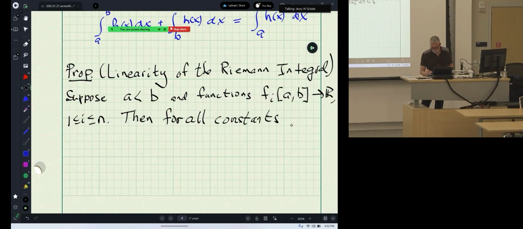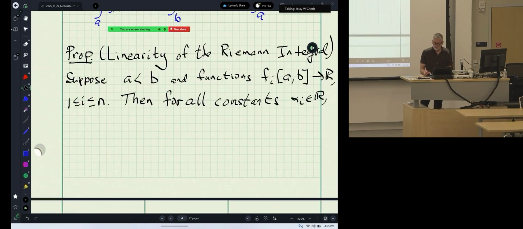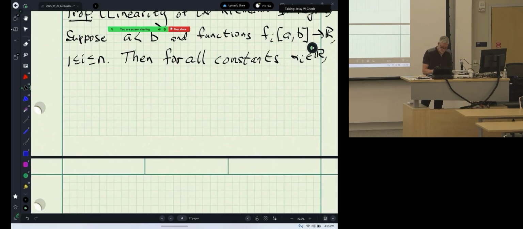Then for all constants alpha sub i in the reals, the integral of the sum is the sum of the integrals.